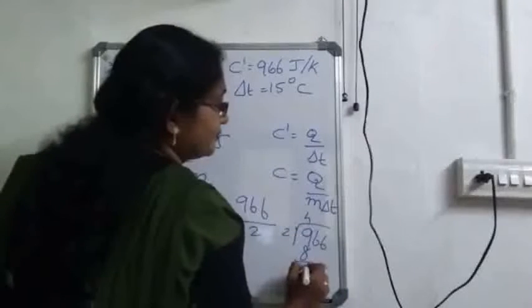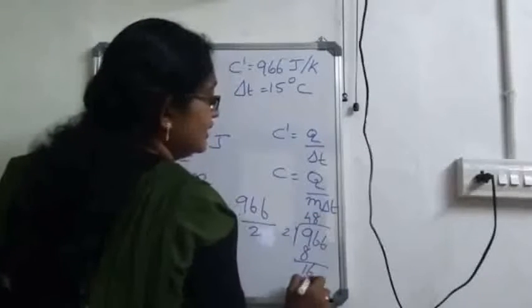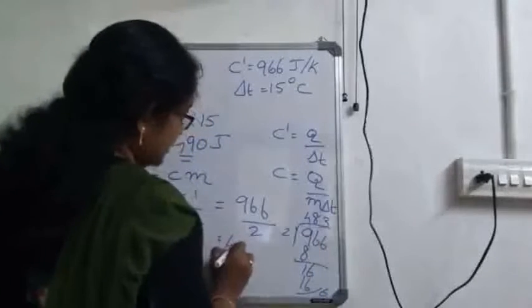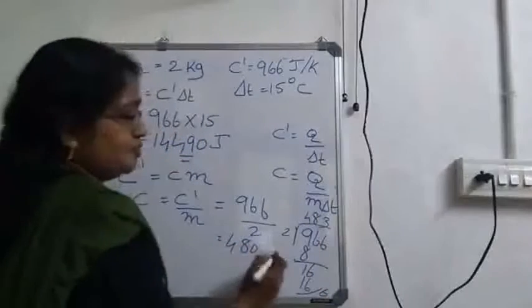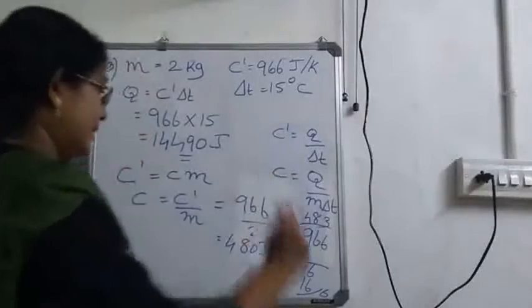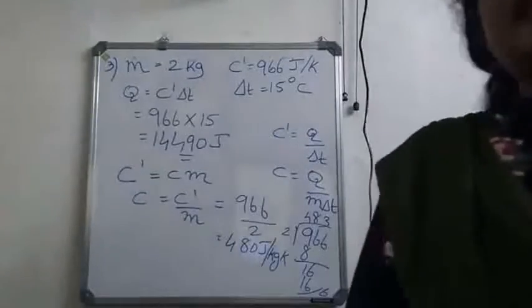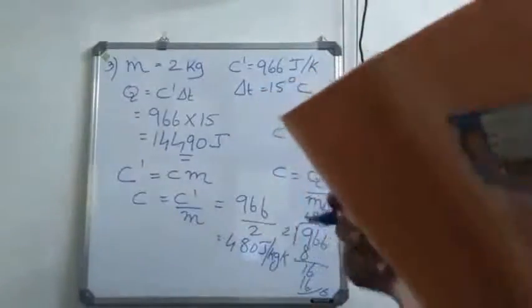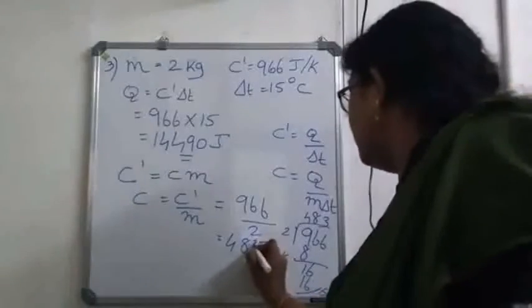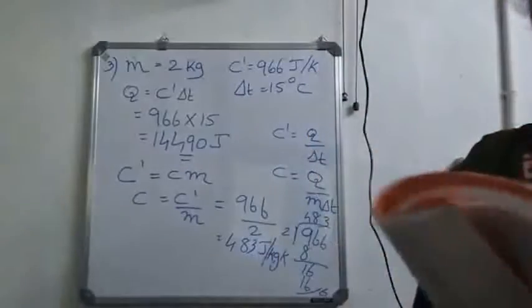It is 483. Specific heat capacity is in joule per kilogram Kelvin. So, 483 joule per kilogram Kelvin is our answer.